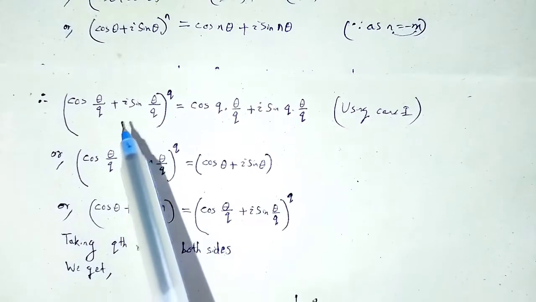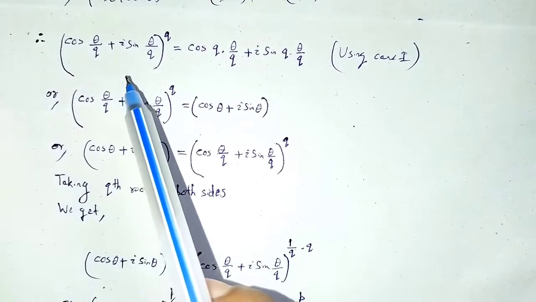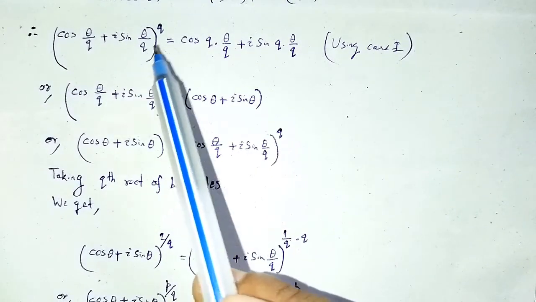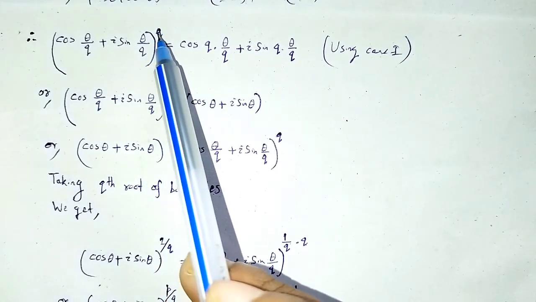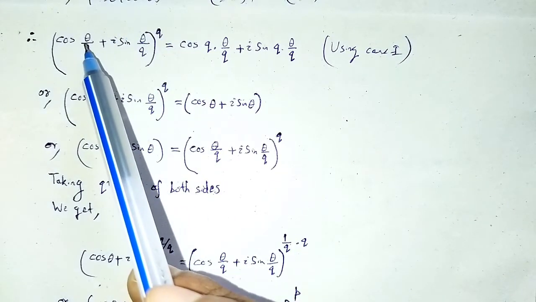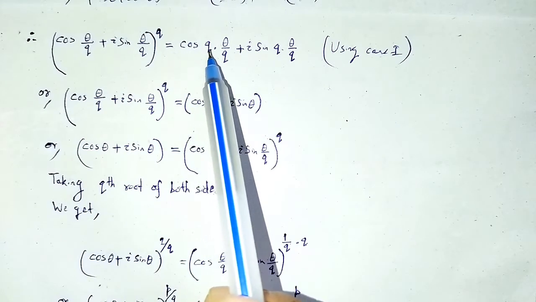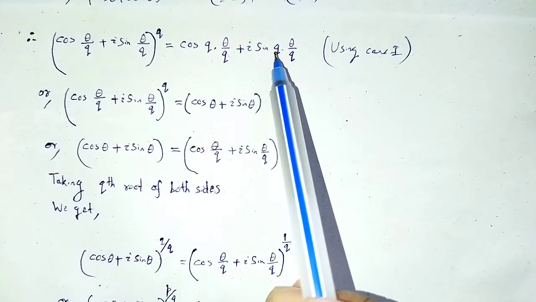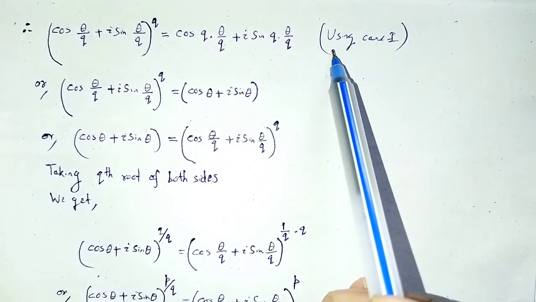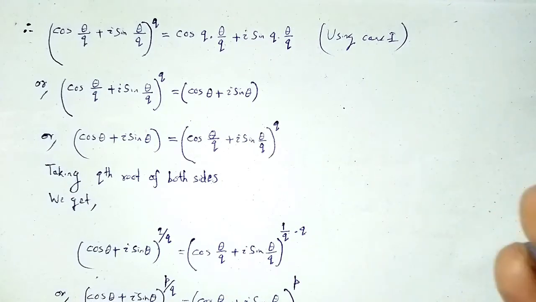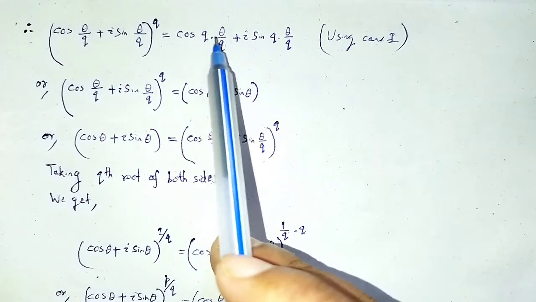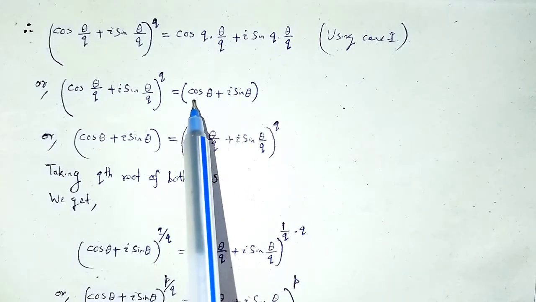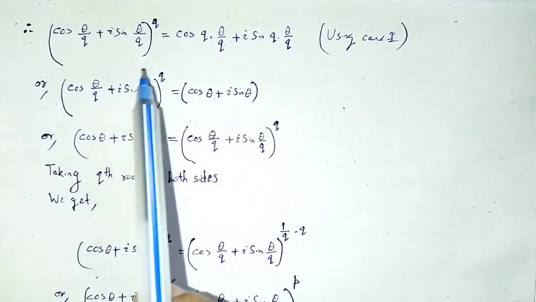We write (cos theta by q plus i sin theta by q) to the power q is equal to, that power is multiplied to the angle. So it will be cos q into theta by q plus i sin q into theta by q, as we use case number 1 as we studied. So q cancels out, and it will be cos theta plus i sin theta.